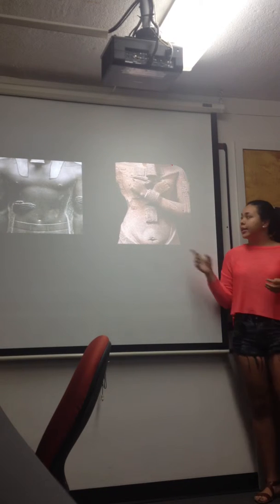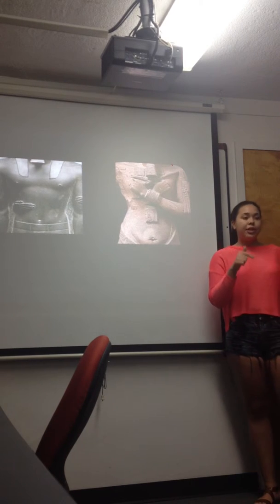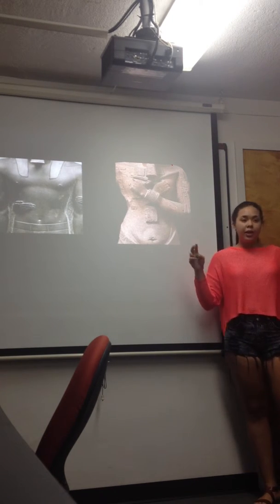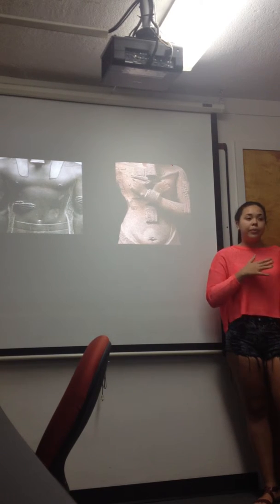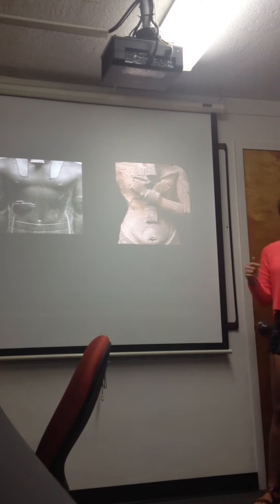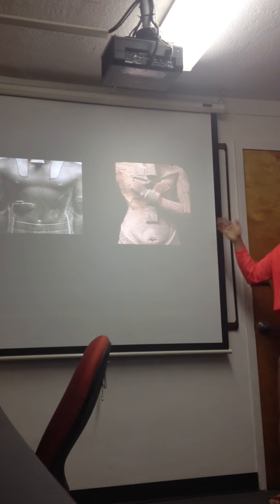One of the theories is related to the same thing, that he changed the religion. He wanted to be unique, so he wanted to make his figure different from the other kings. So he actually asked the artist to do the piece like that.